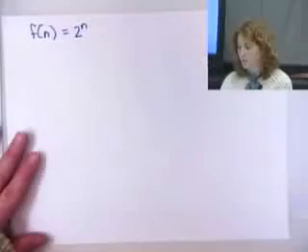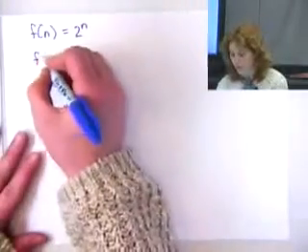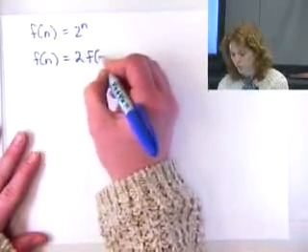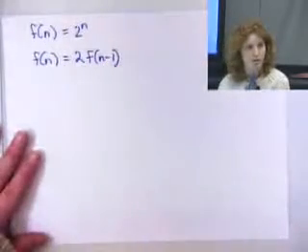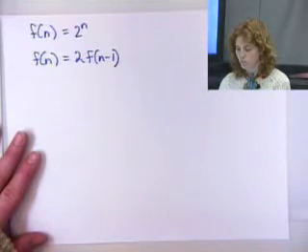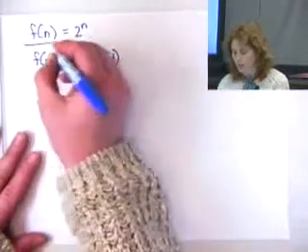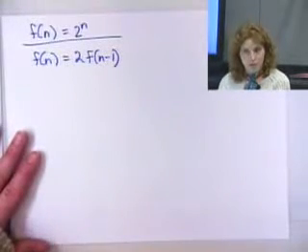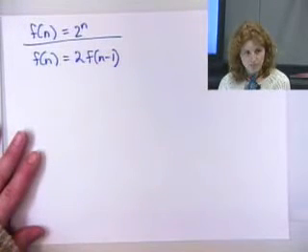So our function was f of n equals 2 to the n. And we said that our recursive definition was that f of n is equal to 2 times the previous one, which is f of n minus 1, right? Because f of n minus 1 is 2 to the n minus 1. So I can either give you the definition on top, or I can give you this recursive rule, but I have to give you a basis, right?